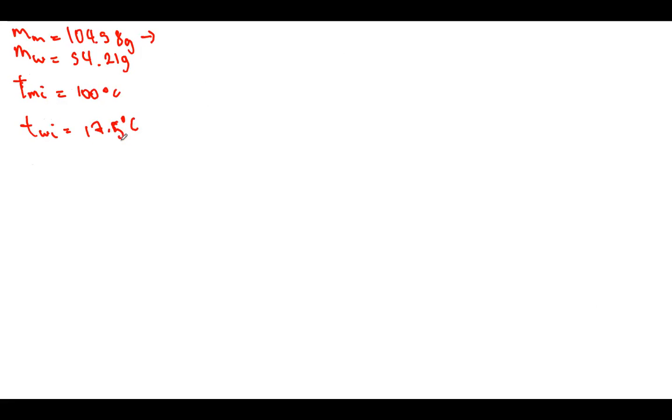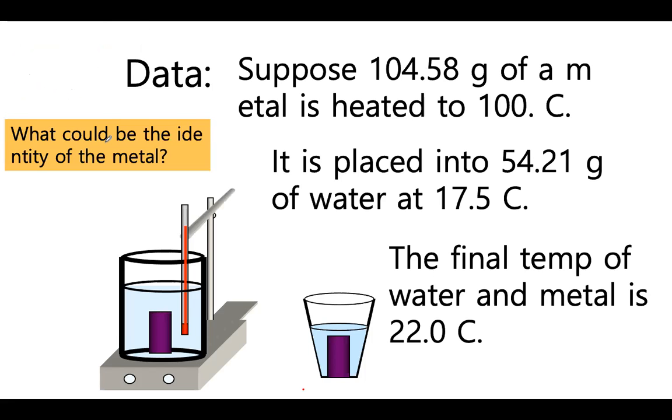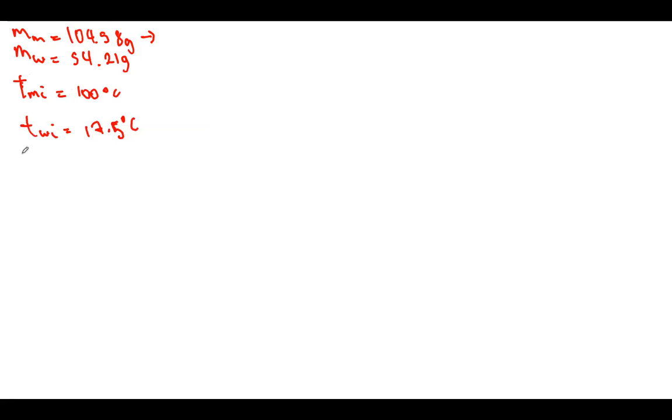And the final temperature of both of them, I'll put that as TF, because the temperature of both of them is the same. We put that at 22.0 degrees Celsius.